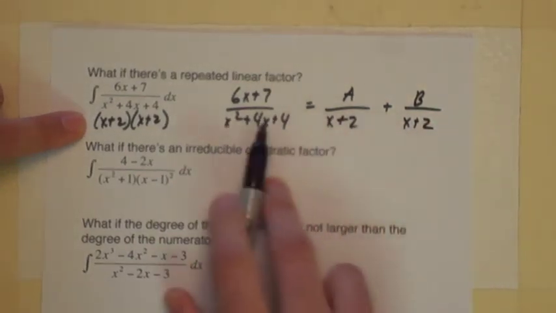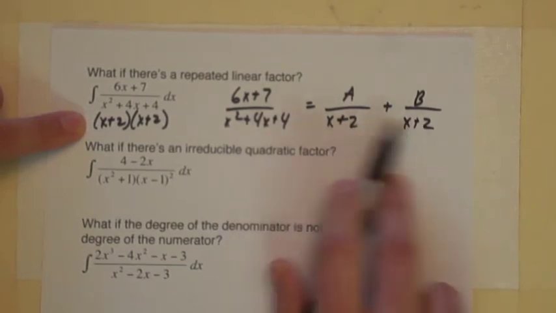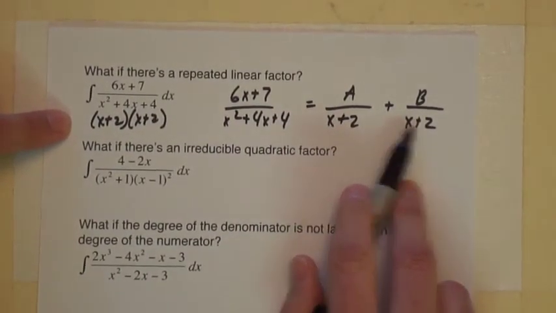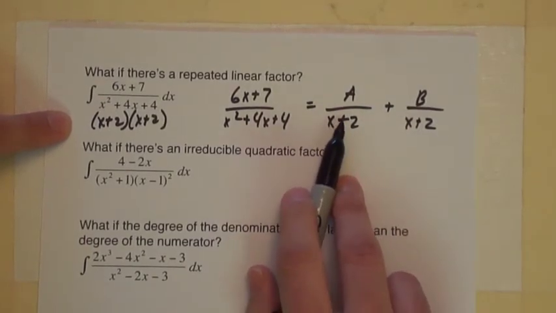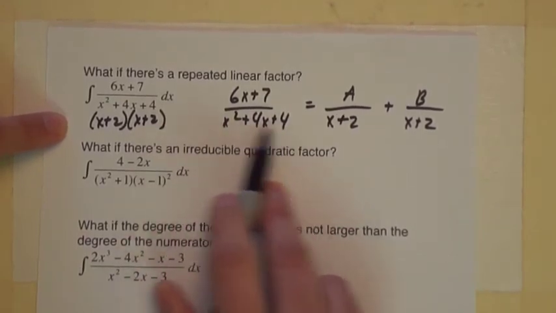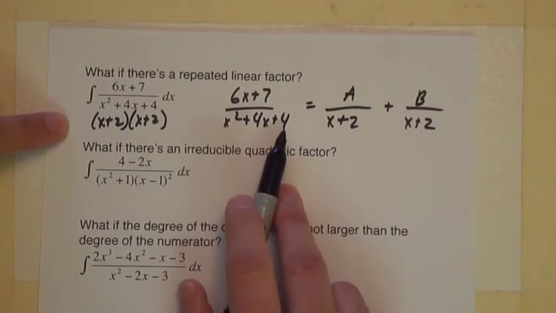Unfortunately, this choice of denominators doesn't work. The reason is that the common denominator between x plus 2 and x plus 2 is just x plus 2, not x plus 2 squared. So how do we remedy that?